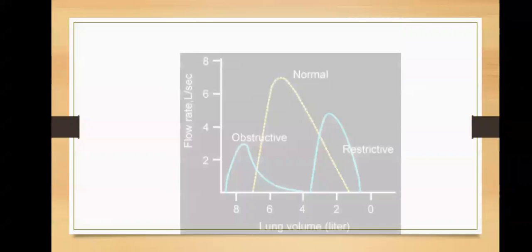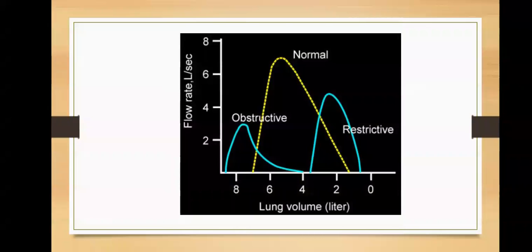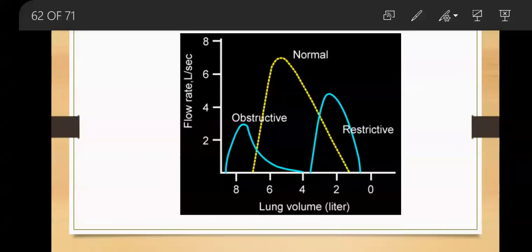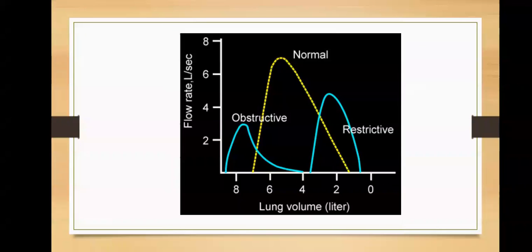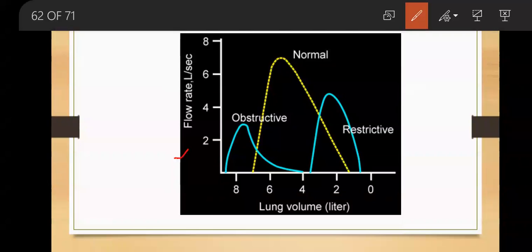Another diagram shows the idealized flow volume curve for normal, obstructive, and restrictive lung disease. This is the flow volume curve. This is the flow of the air, and this is the lung volume. The flow rate is in liters per second: 2, 4, 6, 8, and the lung volume 8, 6, 4, 2.